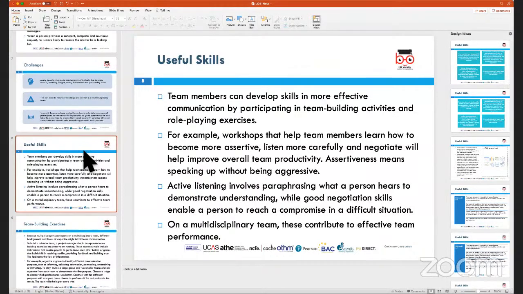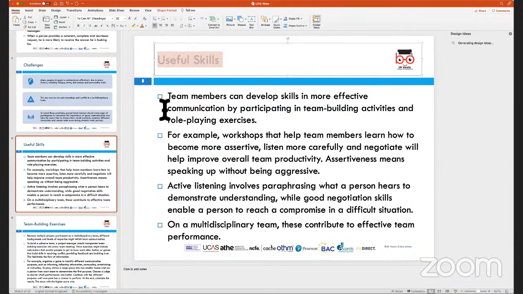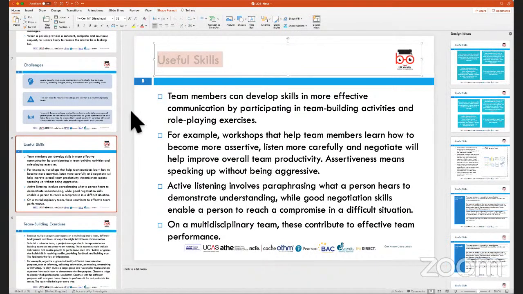In order for them to work effectively as a coherent team and deliver services, managers, supervisors, or leaders of those teams have to put together workshops or trainings to make them work together.